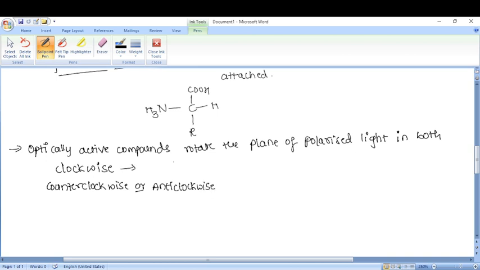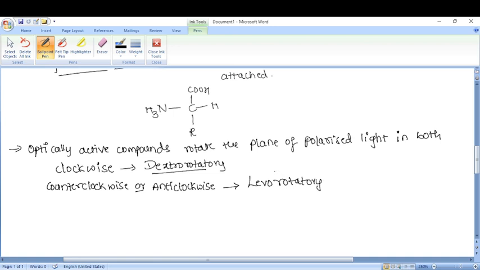The compounds which rotate the plane of polarized light in clockwise direction are called dextrorotatory. And if the compounds rotate the plane of polarized light counterclockwise, that is called levorotatory.